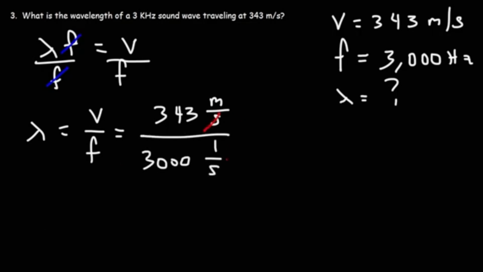So the unit seconds will cancel, giving us the wavelength in meters. So now let's do the math. It's going to be 343 divided by 3,000. And so the wavelength is 0.1143 meters. If you multiply that by 100, you can convert that to centimeters. So that's 11.43 centimeters.